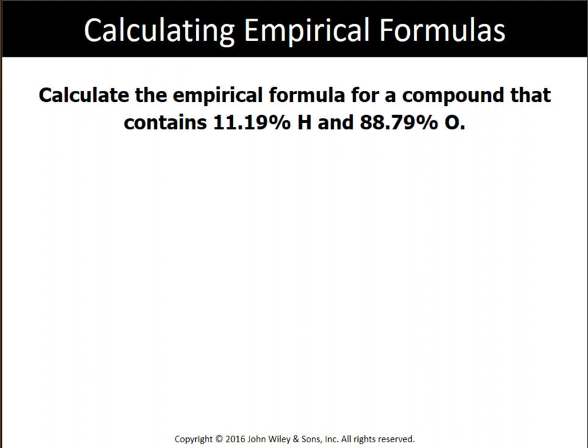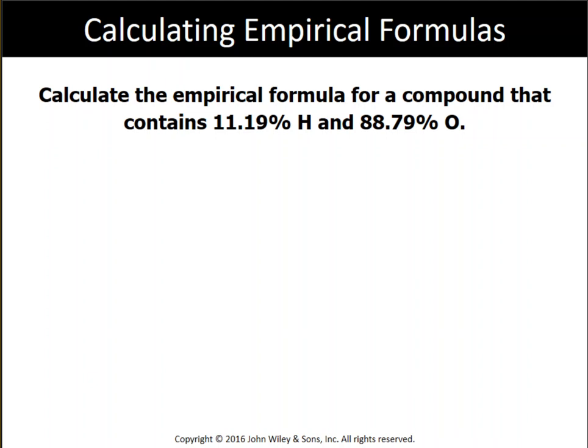Now remember, the first step is finding the mass, because our eventual goal is finding the number of moles and the smallest molar ratio. So in order to find moles, we have to have the mass. So the first step to find the empirical formula is finding the actual masses based on the percent compositions.